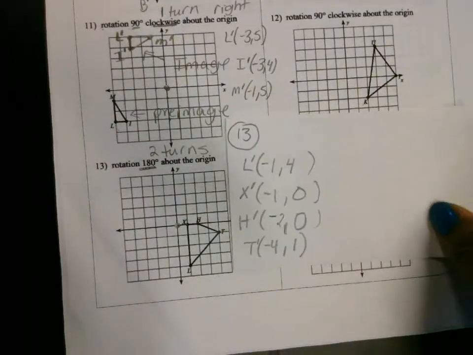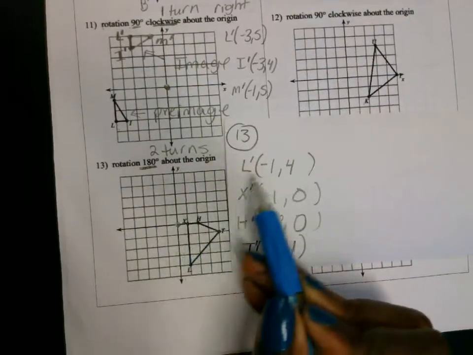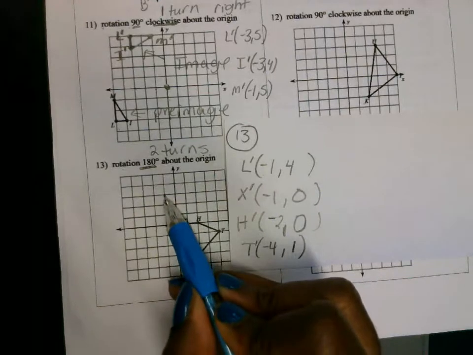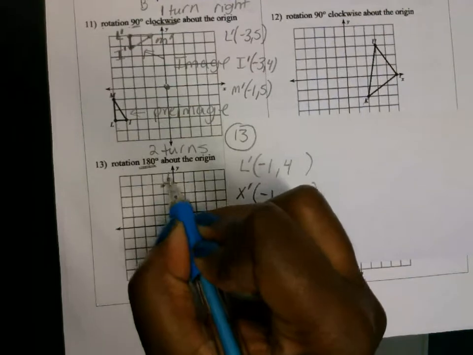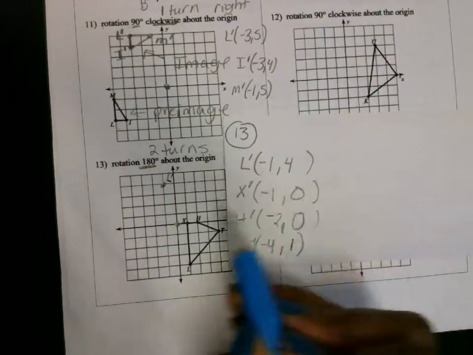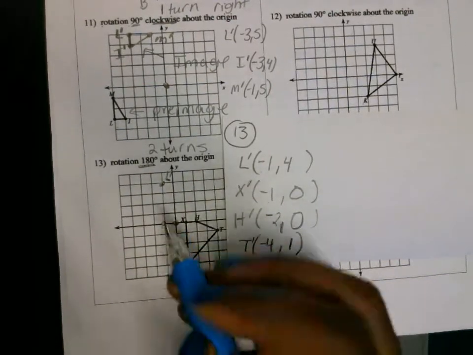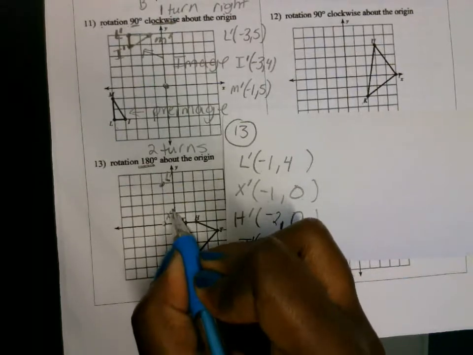Look. I'm going to graph L prime first. Start at the origin. Go to the left 1 time and up 1, 2, 3, 4. This is L prime. Okay. Then I'm going to graph -1 and 0. Go to the left 1 and don't go anywhere else. So this is X prime.